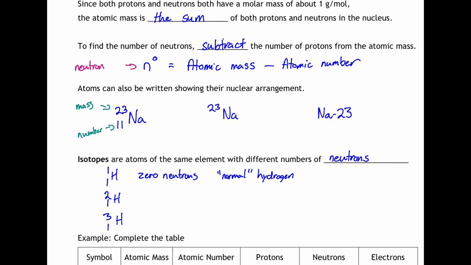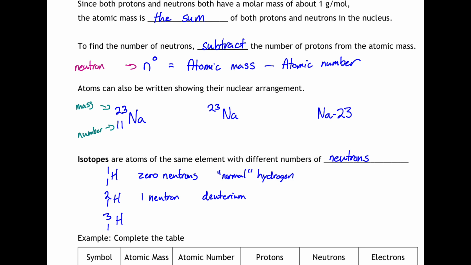You can make this one. That's 1 neutron. And it actually has a fancy name. It's called deuterium. It's a pretty fancy word. Deuterium is reasonably common. It's twice as heavy as regular hydrogen.